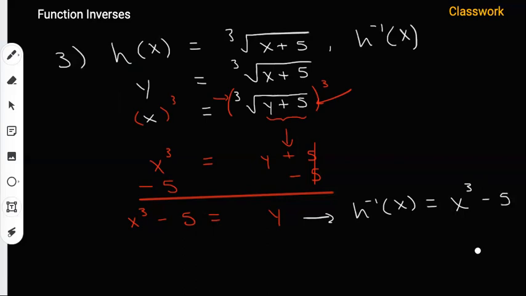So that's going to be my inverse. Isn't it interesting how I start off with a cube root and the inverse of that cube root is a cubic function? That shouldn't be that interesting to you because these functions are inverses of each other. They're opposites. So let's go ahead and verify that they are on the next slide.